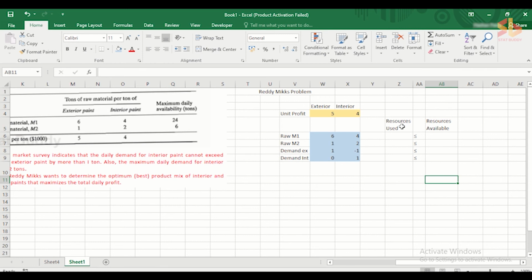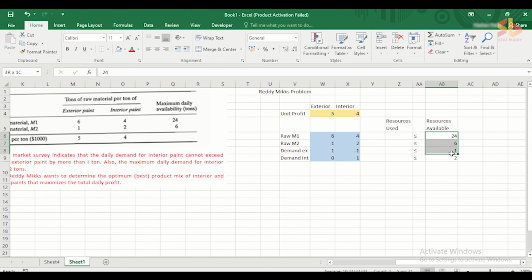Resource used is calculated during the optimization process, so I don't know those values. I can assign zeros at the beginning or wait till the last. Resource availability means right hand side value. So it is 24, 6, and here the demand is 1 ton, or the difference should not exceed 1 ton, and the demand for interior is a maximum of 2 tons.